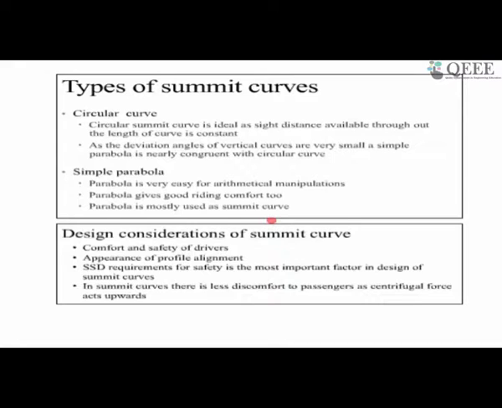Now, if you look into the parabola property, it is actually doing that. At the tip of the parabola you have the minimum radius, or the curvature is quite high. Whereas if you go far off, the radius increases, it's almost going to go to infinity and meet with the tangent nicely. So this is why it is going to give a good ride comfort.